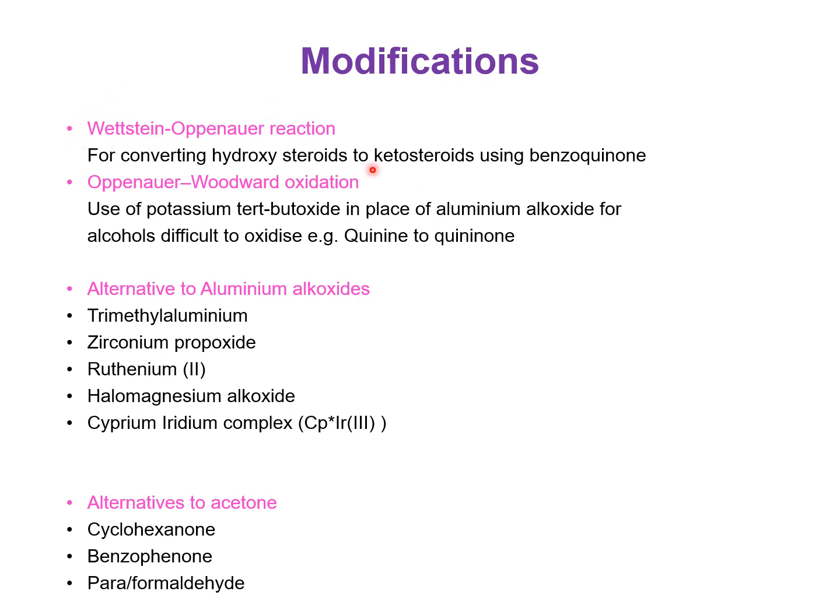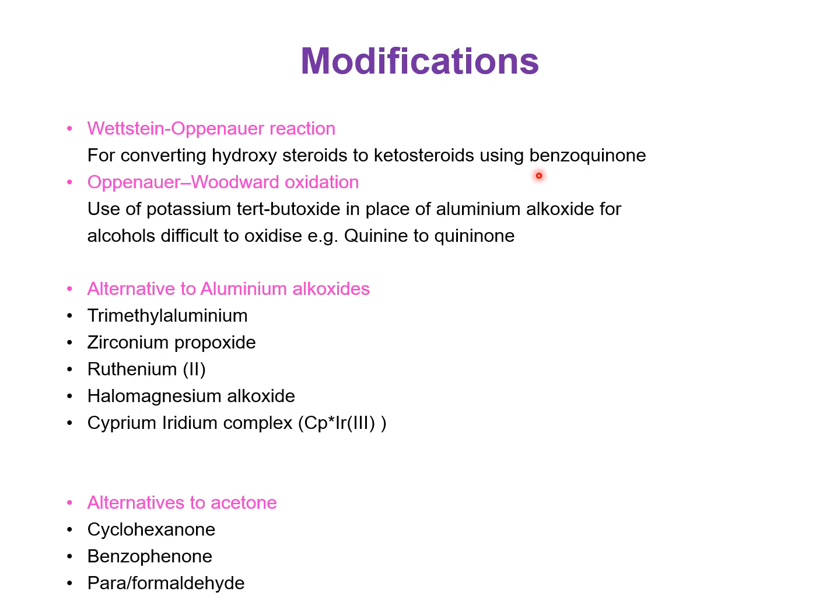The Wettstein-Oppenauer oxidation was made applicable to the steroids. Steroids are usually very non-polar and contain 3 or 4 fused rings, and nowadays this reaction is very common for these steroids. So hydroxysteroids were converted to ketosteroids.